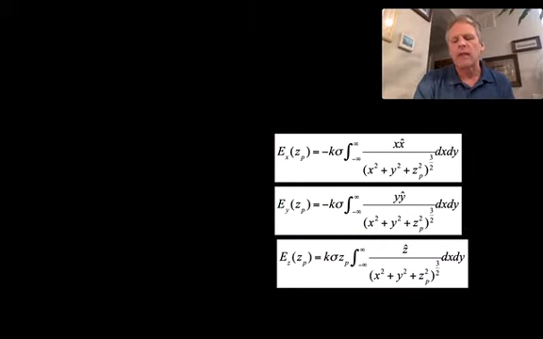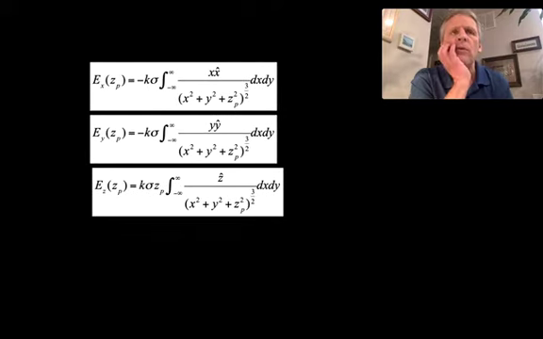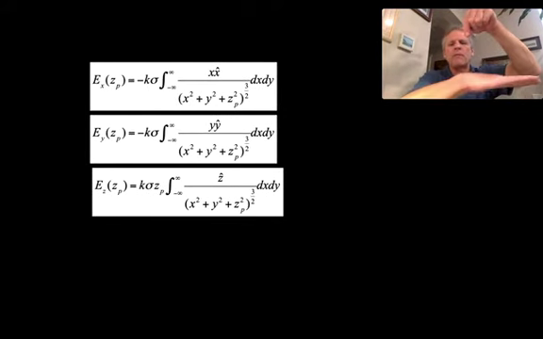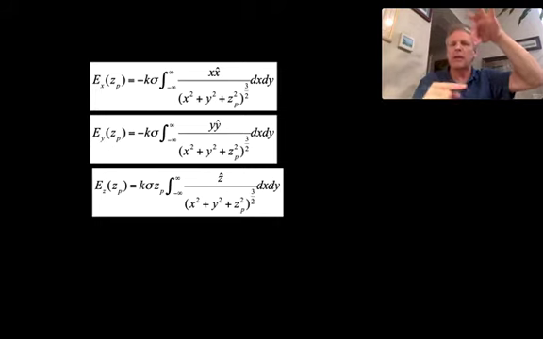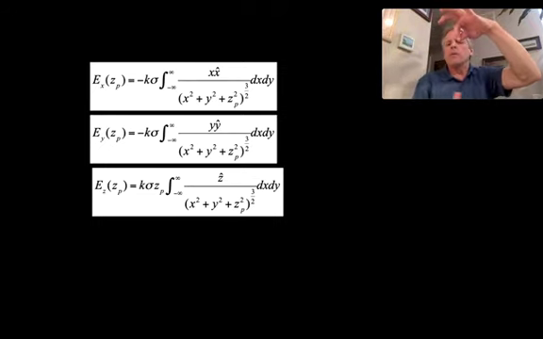First thing to think about: when you think about this point that's above this plane, you all know that there's going to be a component of the force in this direction. It'll go either this way or this way, depending upon the sign of the charge.